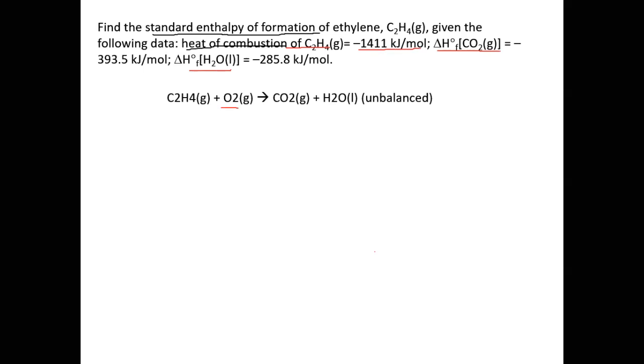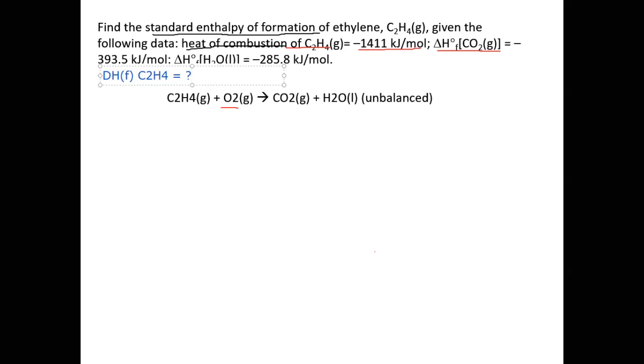Notice the heat of formation of O2 is not given because, again, it's in its natural state. It has a heat of formation of 0. So what we're looking for is the delta H of formation of C2H4. That's what we're looking for.